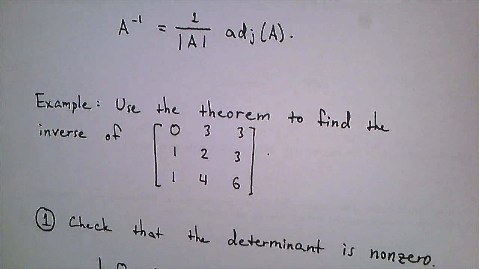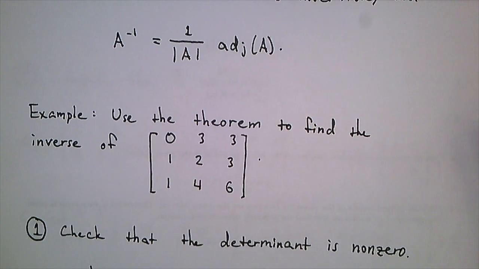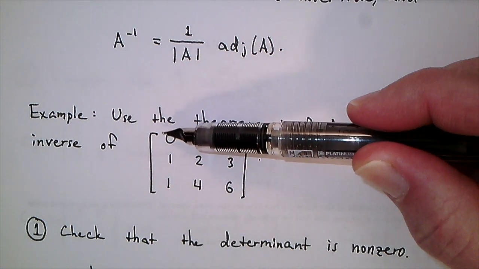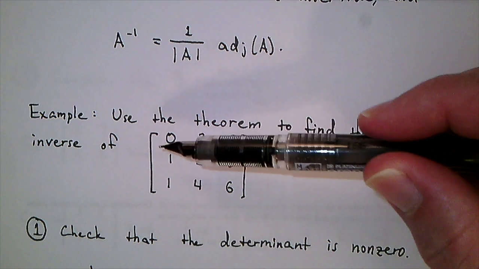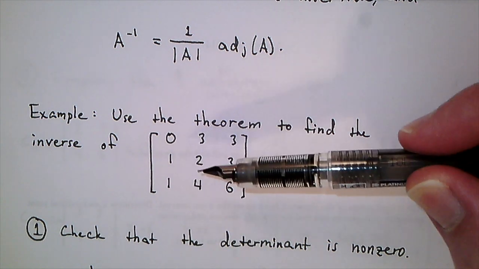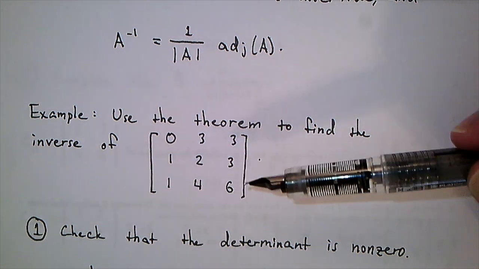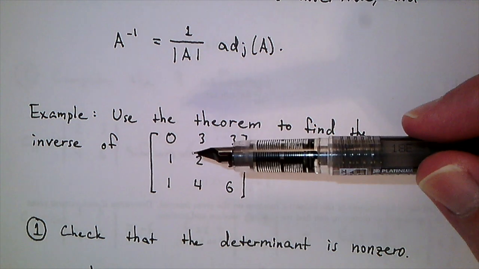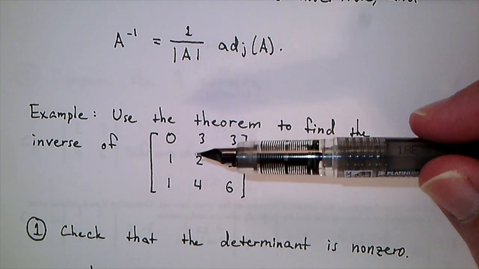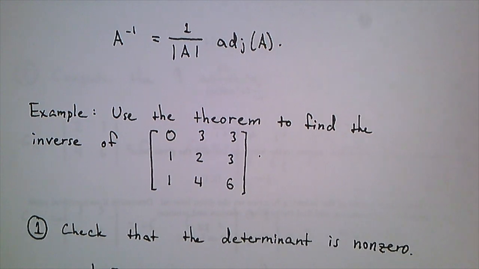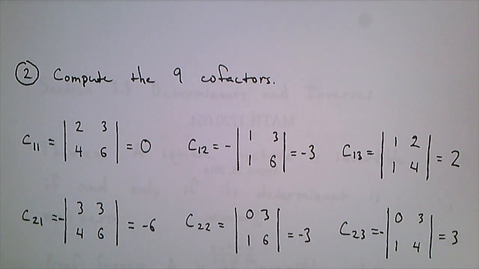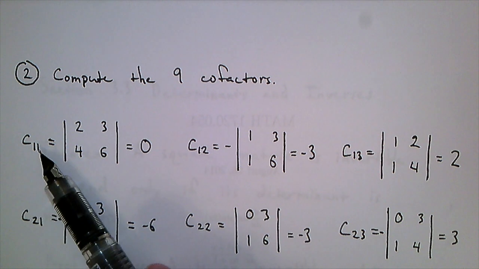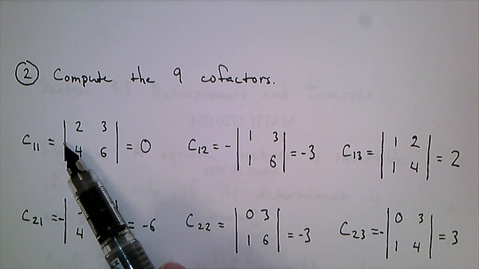And I'll show you the details on a few of these. For C11, we need to cross off the first row and the first column. So the determinant that we're computing is a 2x2 down here in the bottom right. And since this is the upper left entry of our original 3x3 matrix, we get a plus sign.